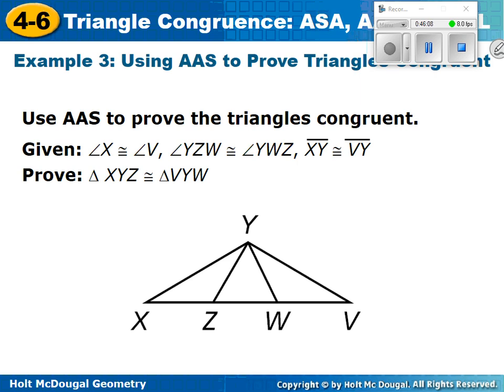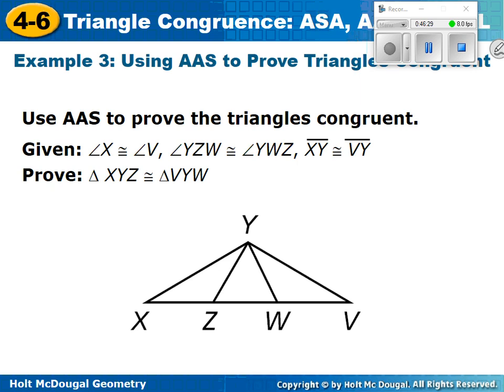YZW. So notice this angle is not in the triangles that I'm trying to prove congruent. So be careful. And it is congruent to YWZ. So that's this angle here. That is also not in the triangle over here. Okay? So now let's keep going.